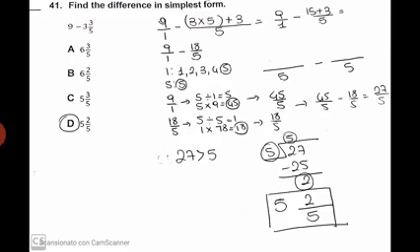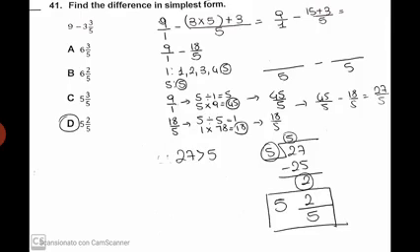Number 41, we want to find the difference in simplest form. We make 9 minus 3 and 3 over 5. So what do we make? We transform the 9 into a fraction, so we write 9 over 1. Minus, we transform the mixed number into a fraction, so we make 3 times 5 plus 3 over 5.